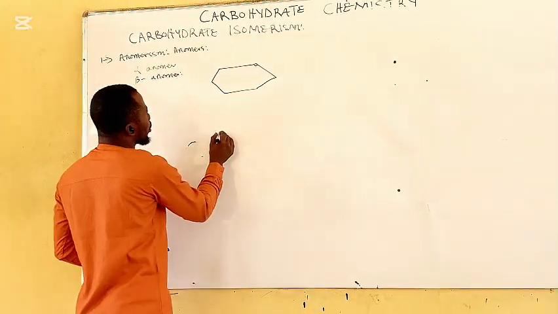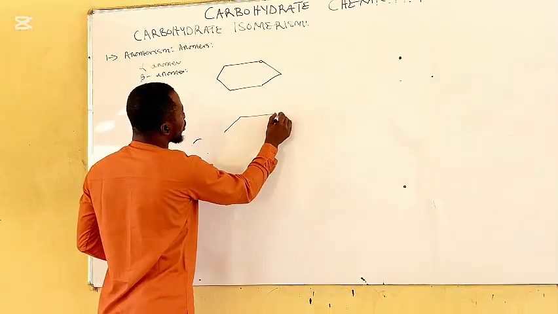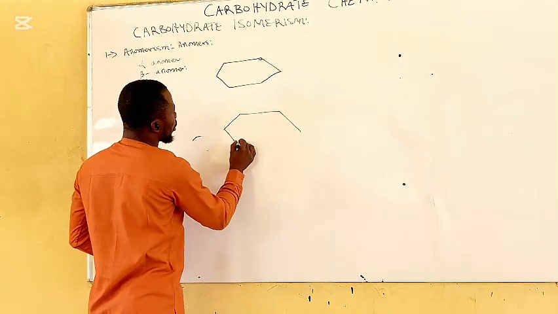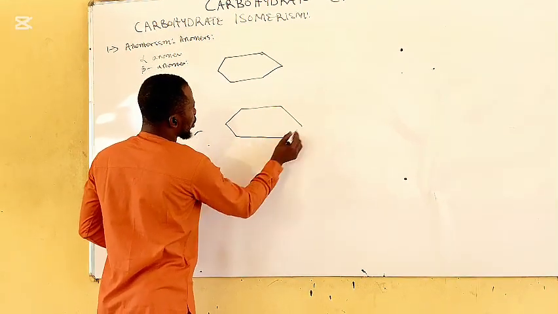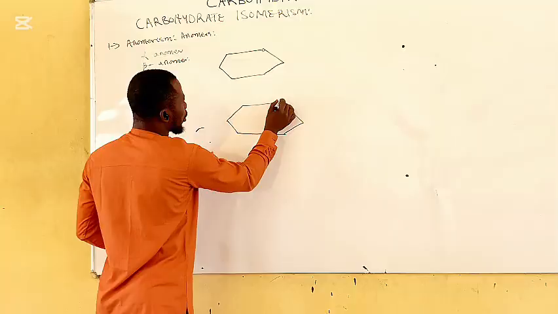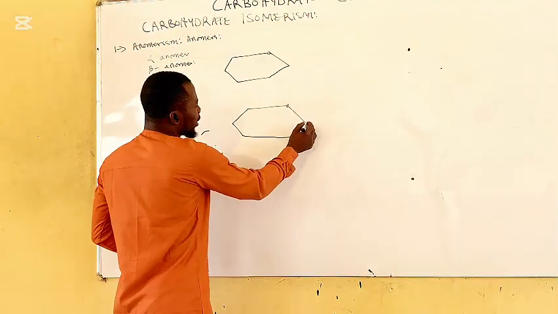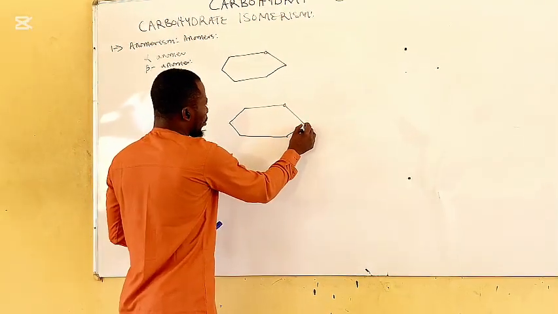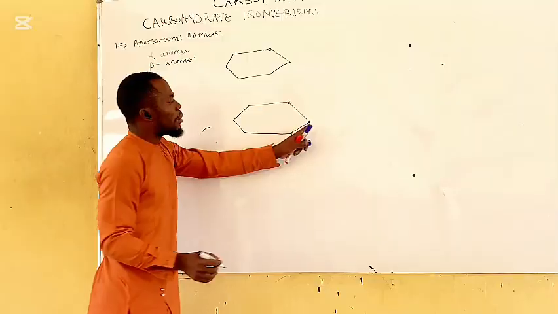This one, then another one. Now, this carbon here is the new asymmetric carbon that is formed.